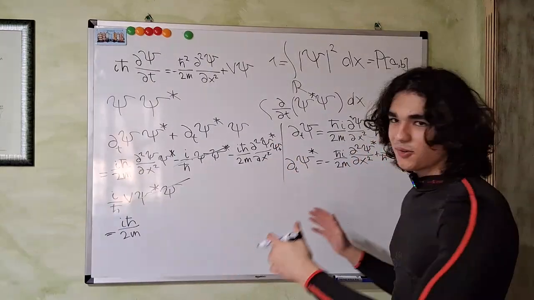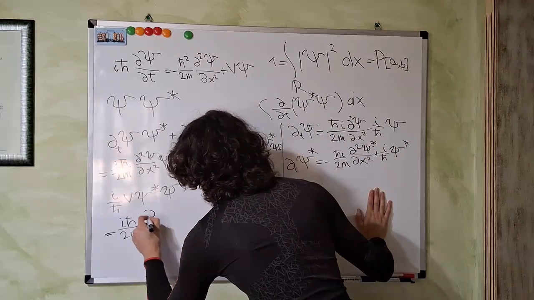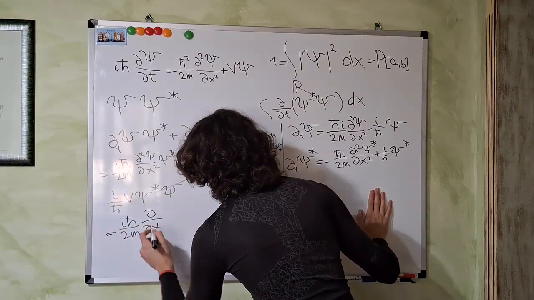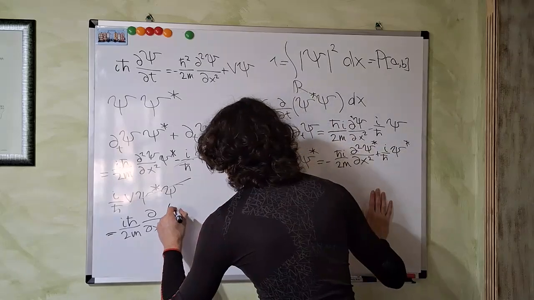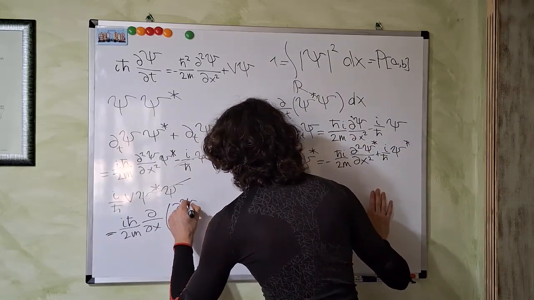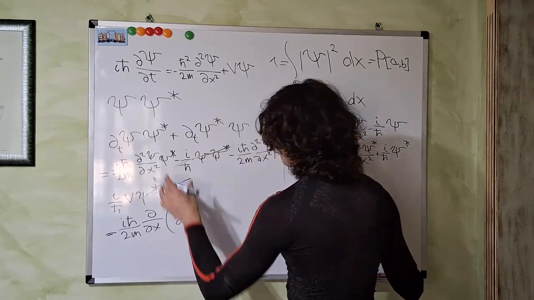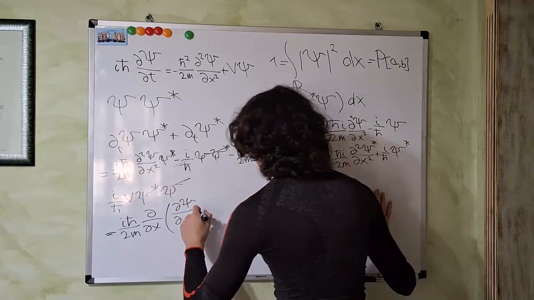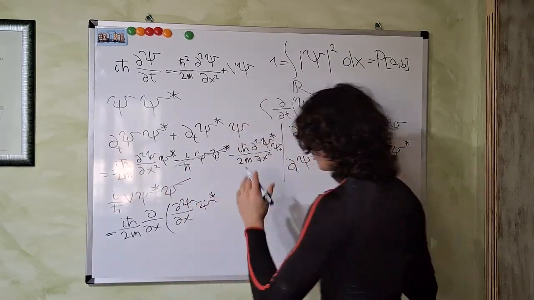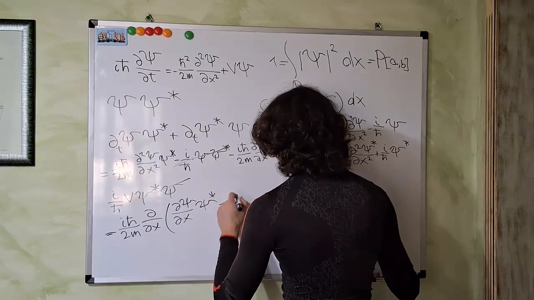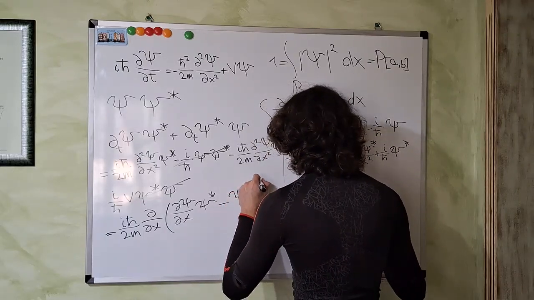We can pull out the derivative operator, and you can simply check that differentiating what I'm writing here gives you back the second derivative terms in the previous equation. So this is not something magic that doesn't work.